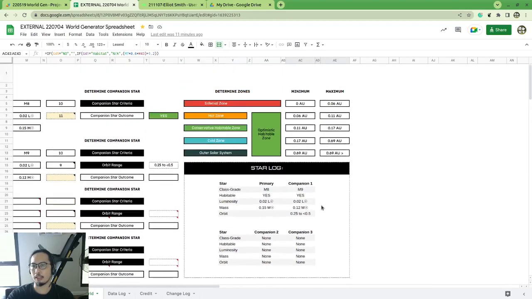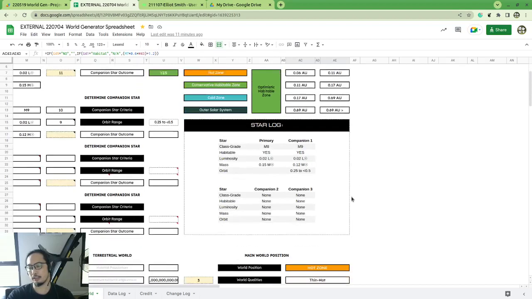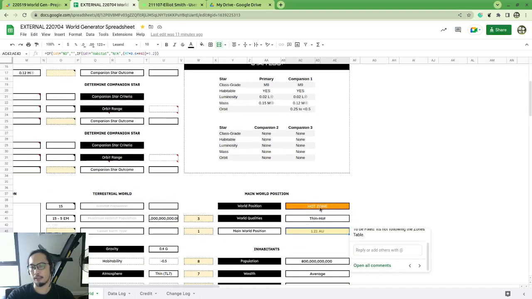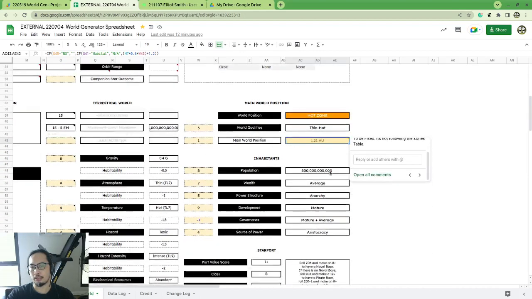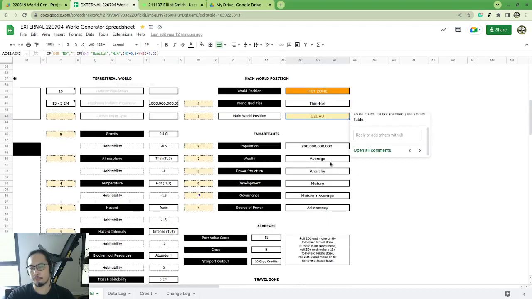If it's hot, it should be a minimum of 0.4 AU, so 0.4 times 1 times this position die, which is an exploding d6. Okay, so next I have to create the exploding die.